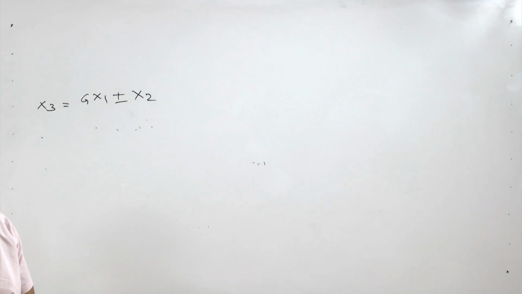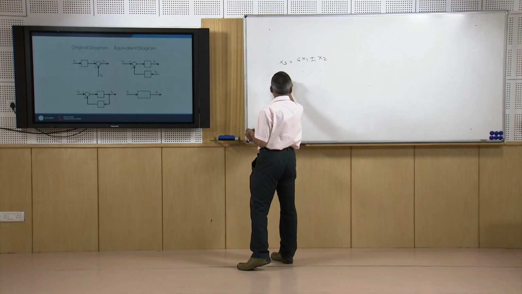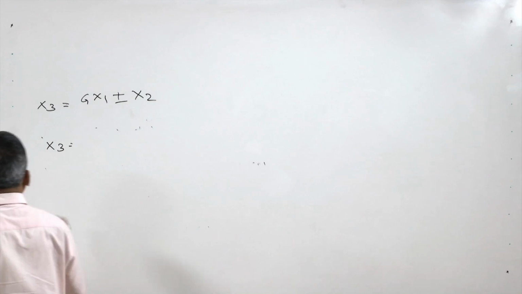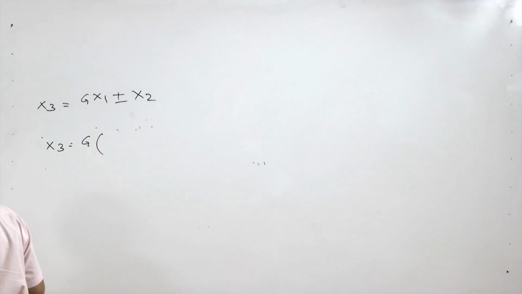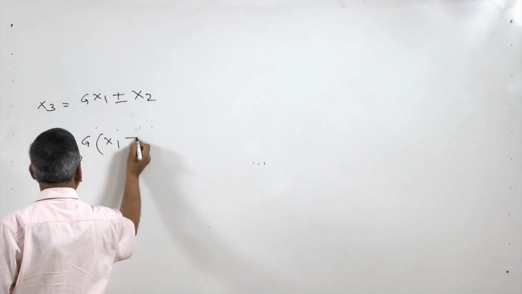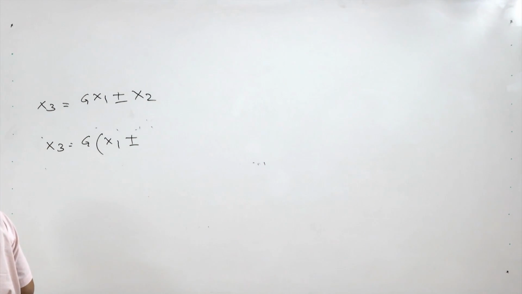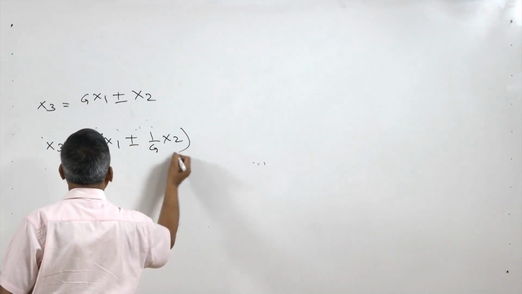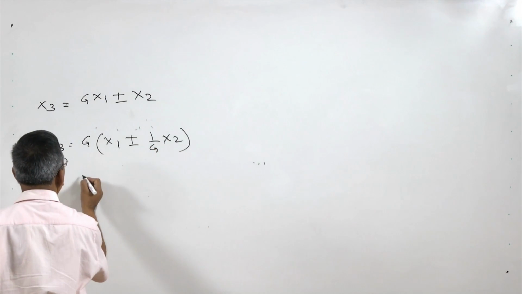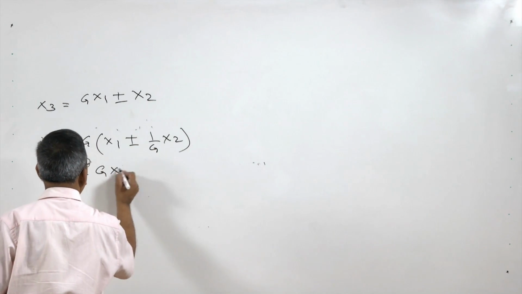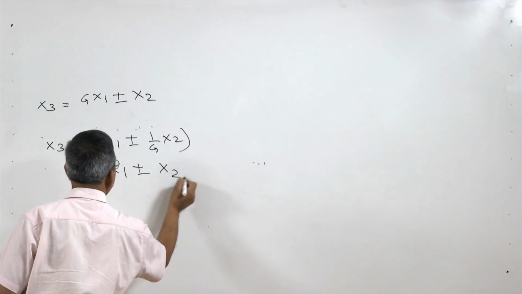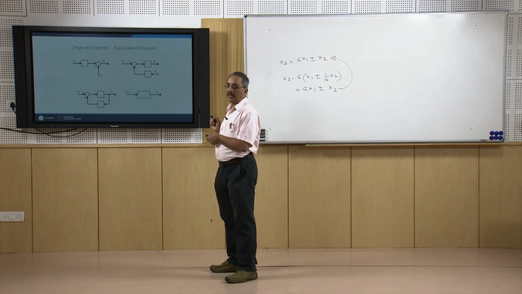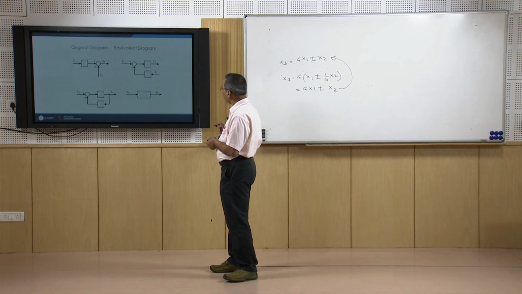In the second figure, x3 is equal to g times x1 plus or minus 1 by g x2, or this is g x1 plus or minus x2. So this is the same as this one, that is why both these blocks are equivalent blocks.